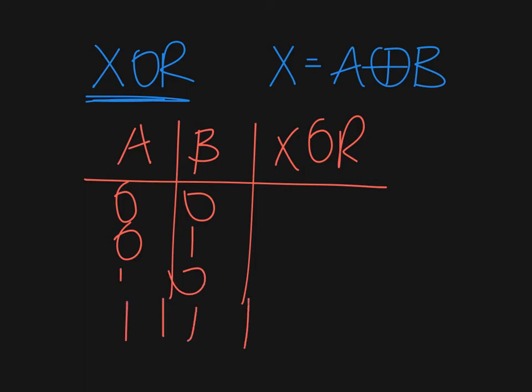And what are the outputs? 0 0 gives you 0, 0 1 gives you 1, 1 0 gives you 1, 1 1 gives you 0. That's a very useful result. And we'll try to explain what the benefit of that is.